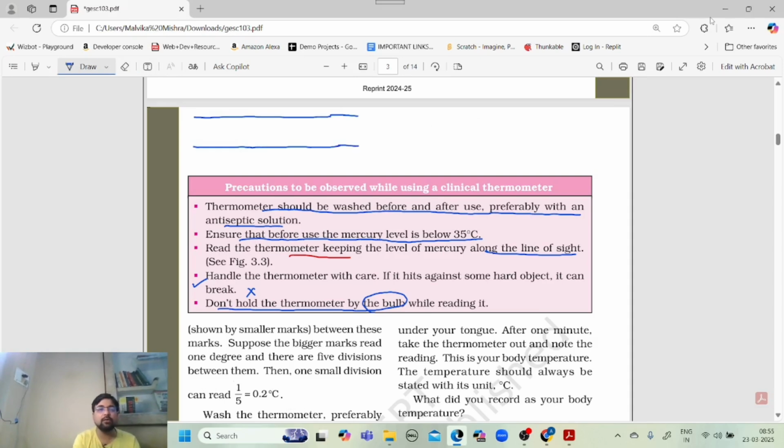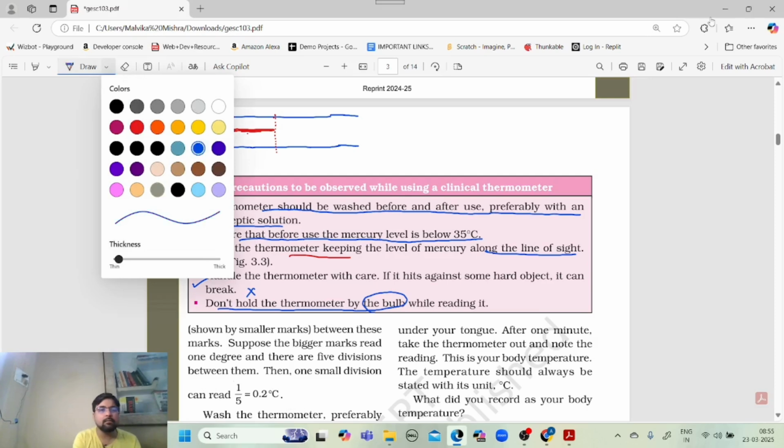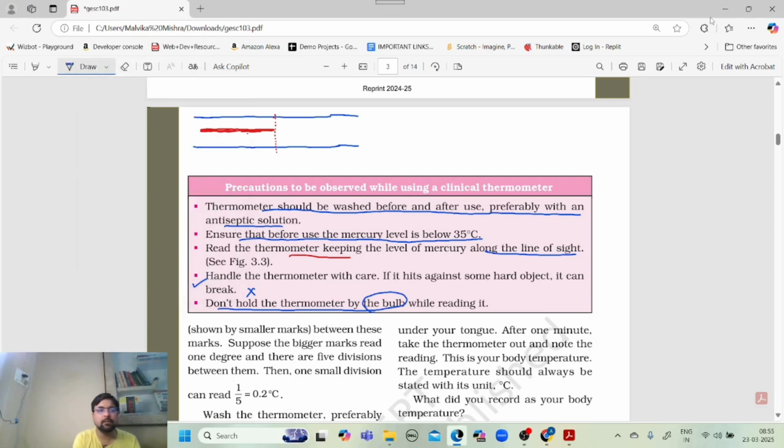So I am zooming in on that area. Suppose this is your mercury level. Now this was 35 degrees Celsius, and this is the degree Celsius line.